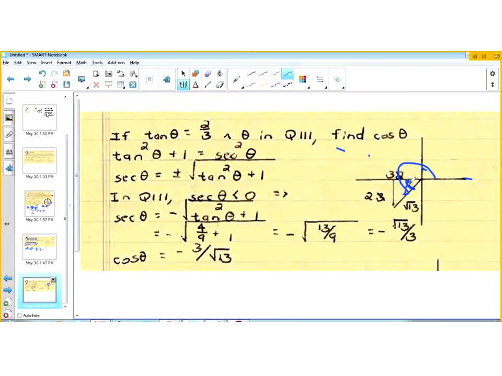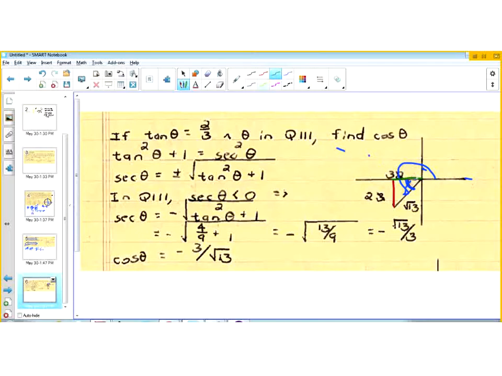For this reference angle that I've accentuated, we know that the tangent of this reference angle is the same as the tangent of theta, with the sign included, of course. So for this reference angle, the tangent is opposite over adjacent. So the length of this segment would be 2, and the length of this segment would be 3 for the reference angle for theta in quadrant 3. Okay, so that's the process.